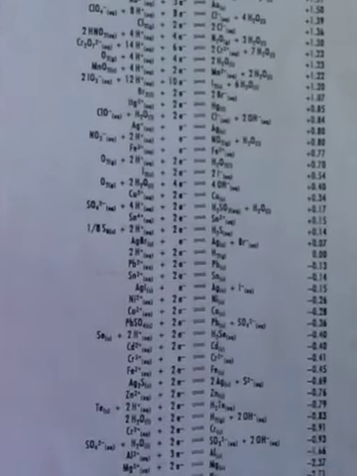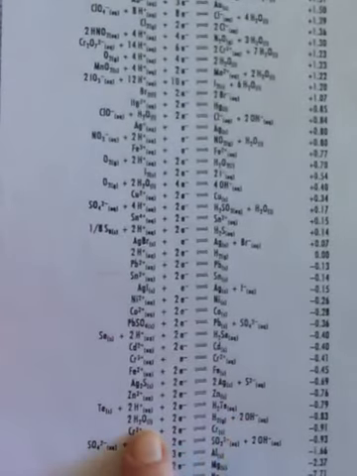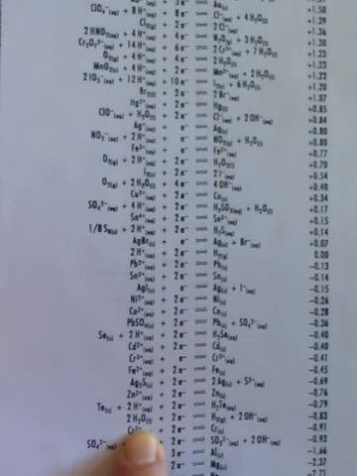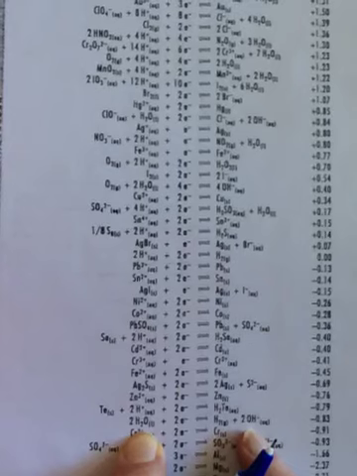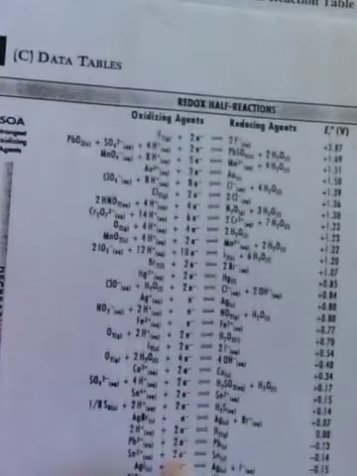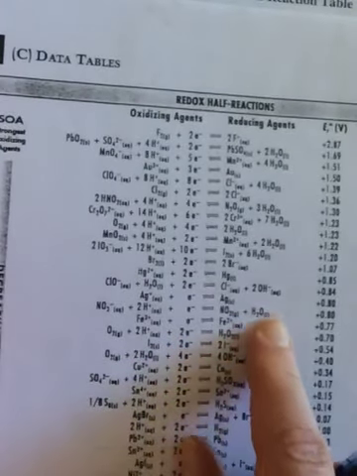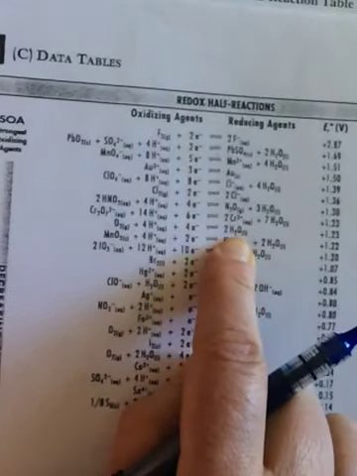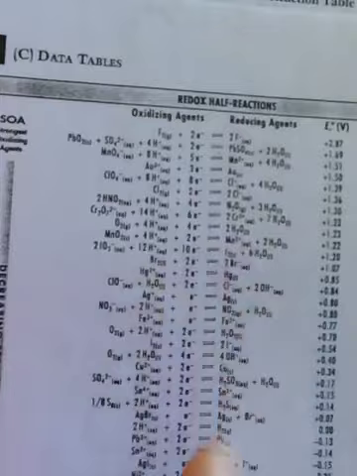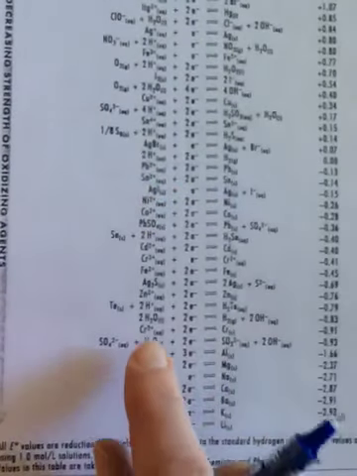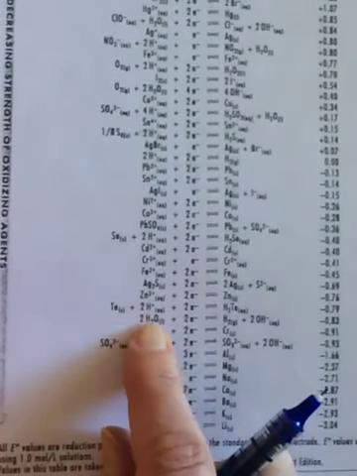Okay, the other one is water. So water shows up down here as an oxidizing agent, going to H2 and OH negative, and as a reducing agent up here. Okay, so it's both a weak reducing agent so far up in the chart and a weak oxidizing agent so low down in the chart.